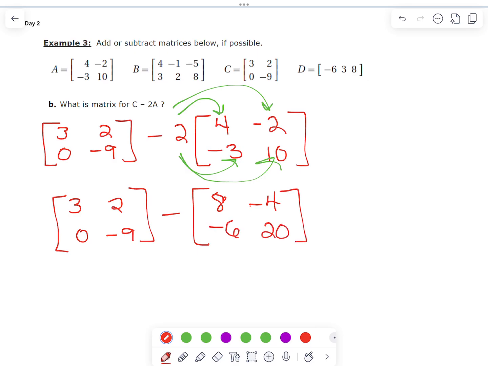So there is the distribution of 2 into all of those elements of matrix A. Now we can go ahead and subtract.